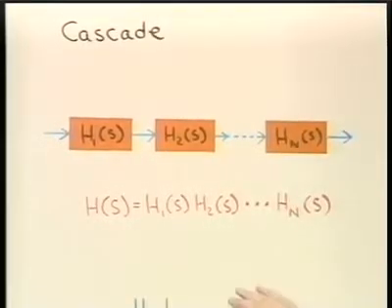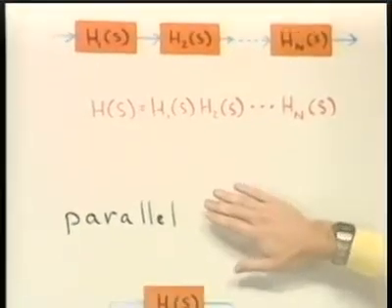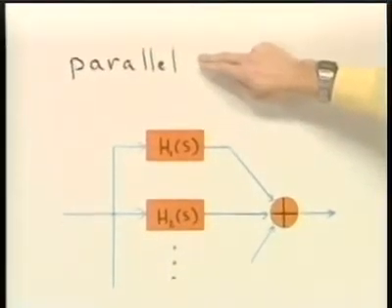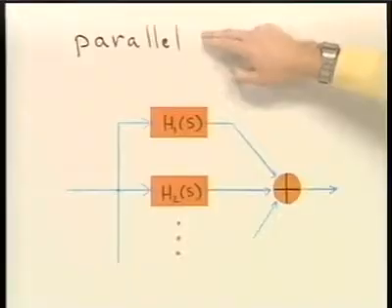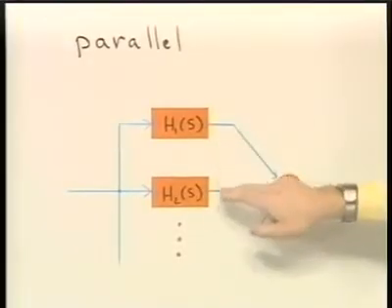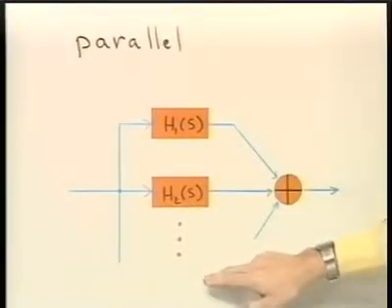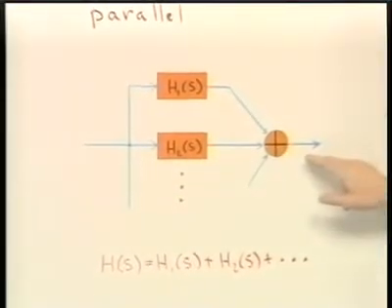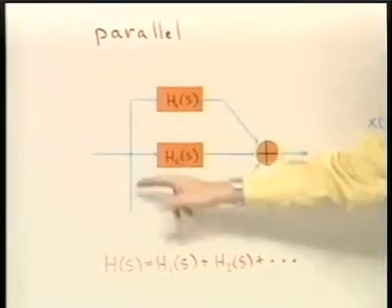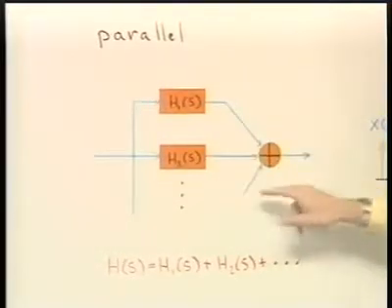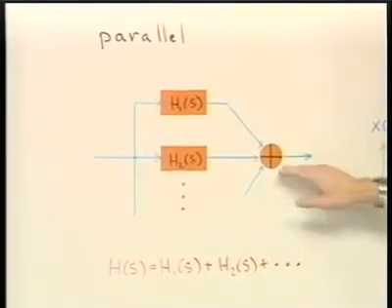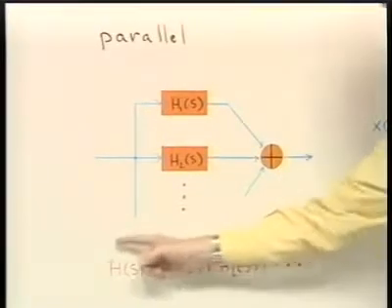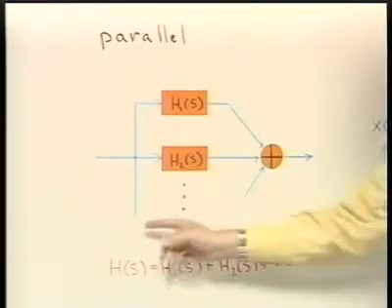Another very common kind of connection for first and second order systems is a parallel connection, where in that case we connect the systems together as I indicate here. The overall system function is just simply the sum of these, and that follows from the linearity property. And so the overall system function would be, as I indicate algebraically here.